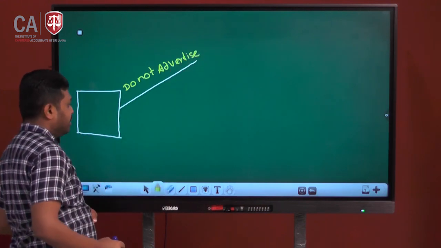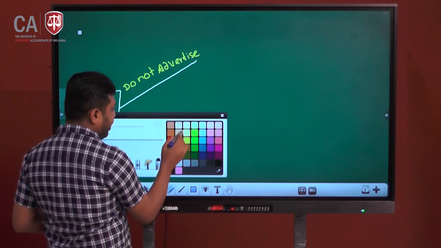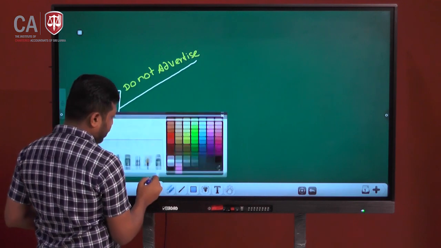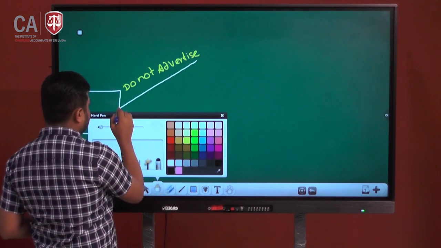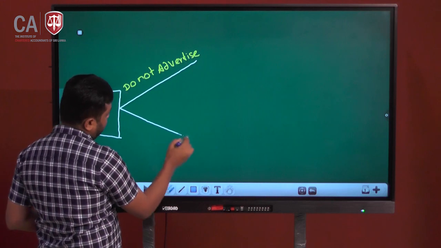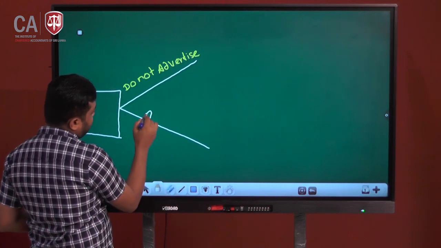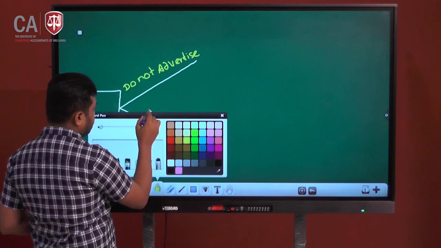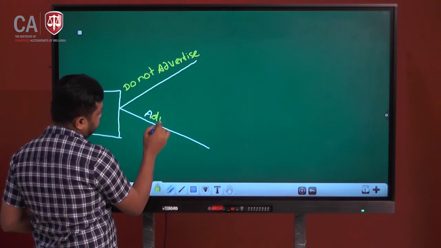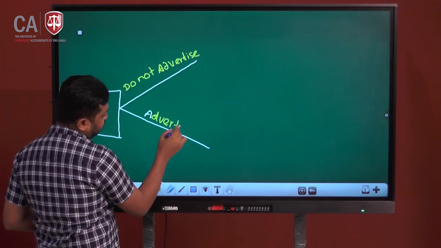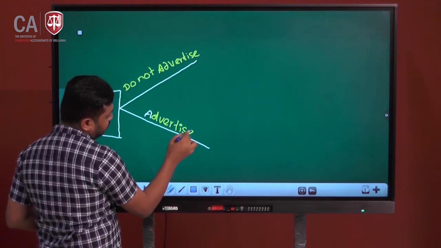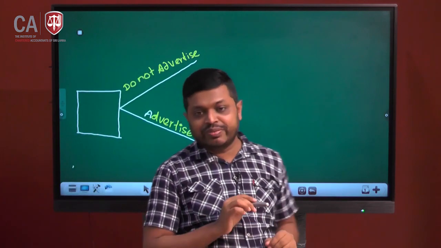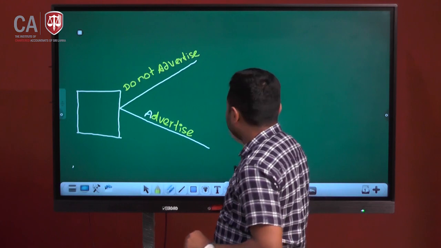The other option is to advertise. Do not advertise and advertise, those are the two options available.